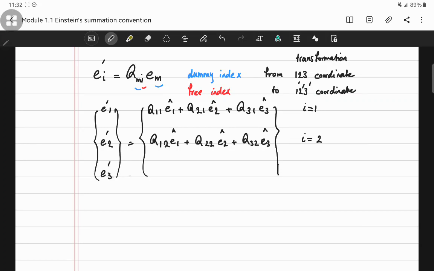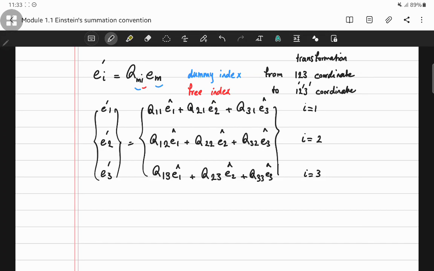And e prime 3 is q, so m is 1, because it resets for every expression here. So i is 3, of course. And this is q_13 e_1 plus q_23 e_2 plus q_33 e_3 here. You can also check this.